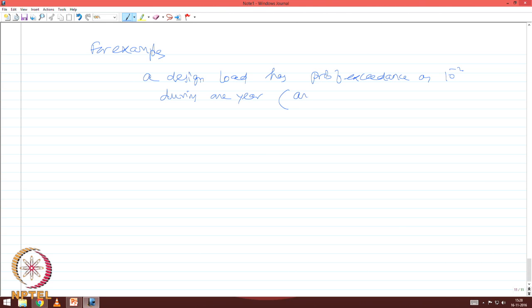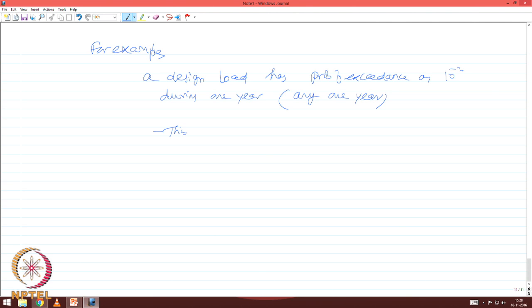Let us try to understand this complexity by an example. A design load has probability of exceedance as 10 power minus 2 during 1 year. To be very specific, any 1 year.